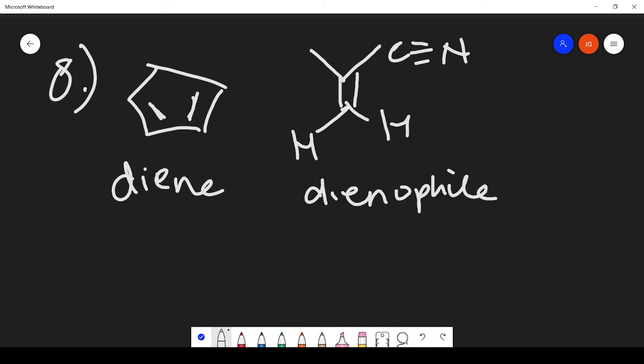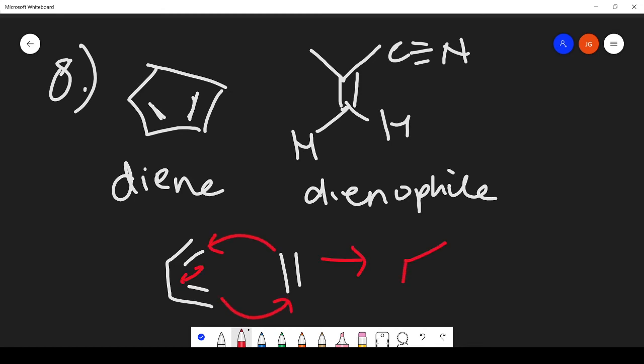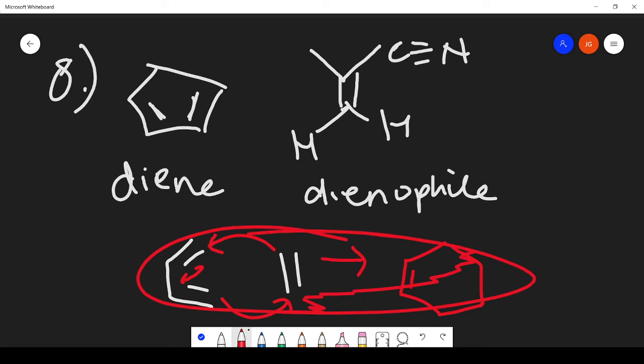Now, I don't remember which take of this video this is, but in one of the previous takes, I showed you the general mechanism for Diels-Alder. It looks something like this. I don't think this is the take where I do that. Okay, boom, boom, boom. And we get a cyclic structure. It's not always going to form a cyclic structure, but it's going to connect the diene and the dienophile. It just so happens that in this example, we form a cyclic structure.